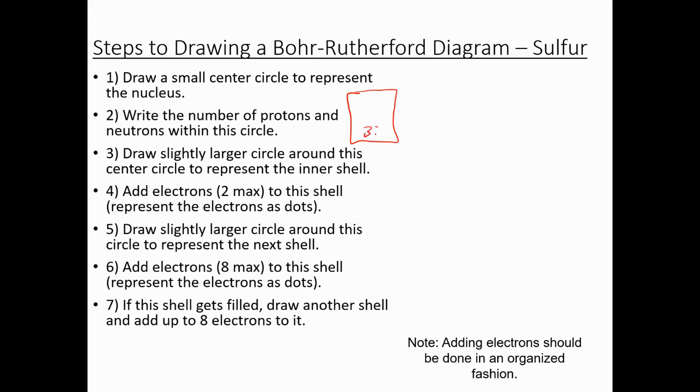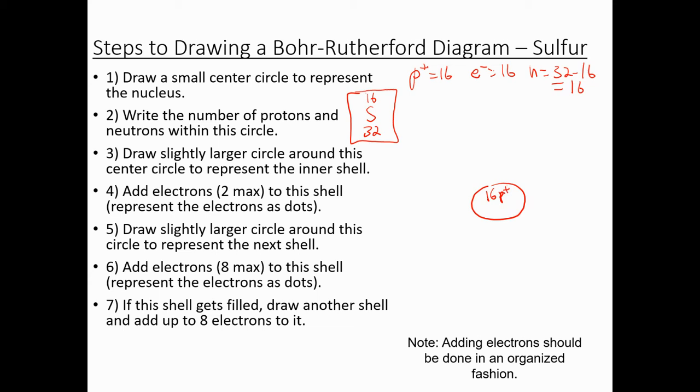So 32, sulfur, 16. So it would have protons, 16 from atomic number, electrons, 16 from atomic number, neutrons, 32 minus 16 gives you 16. So let's go ahead and draw the nucleus first.